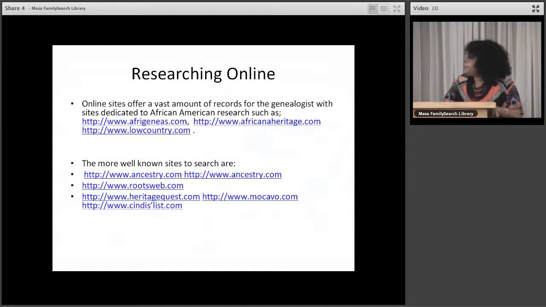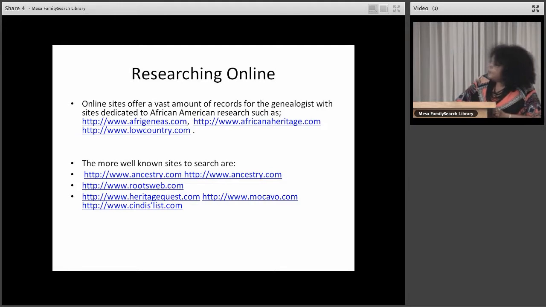Researching online, there's a huge amount of information that you can get sitting right at your own desk at your own computer. These are some of the most popular sites. My favorite sites for African American research would be Afrogenius.com. We refer to this as the mothership.